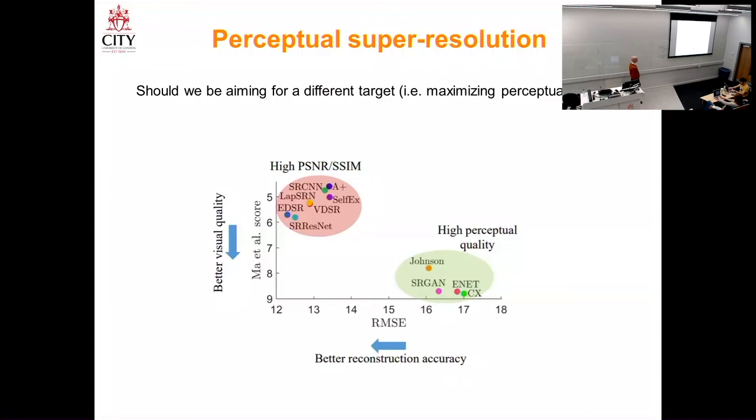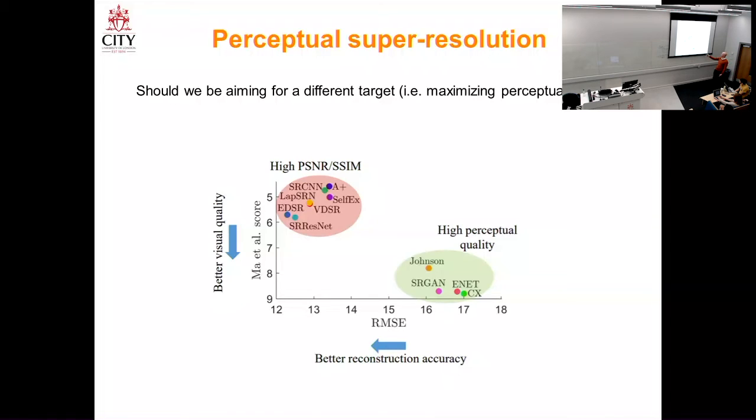So what has happened in the last year or so, people got really interested in trying to improve perceptual quality rather than reconstruction accuracy. And in fact, you can plot the reconstruction accuracy along this axis. Okay, so normally you want to have high accuracy. Sorry, going this way. And you want to have better visual quality, so it's going down.